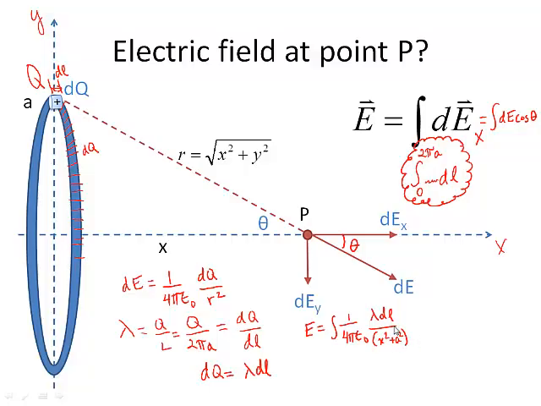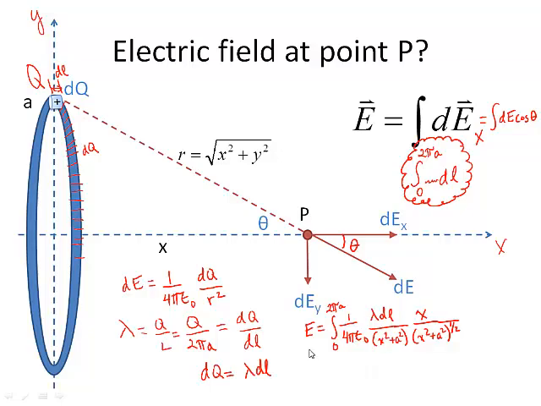I'm using a instead of y because here a is the y value, the vertical value from the origin. The cosine of theta is also x over r, which we're going to write as x over x squared plus a squared to the 1/2 power. Oh, sorry, we didn't put in our limits of integration. That's from 0 to 2 pi a.